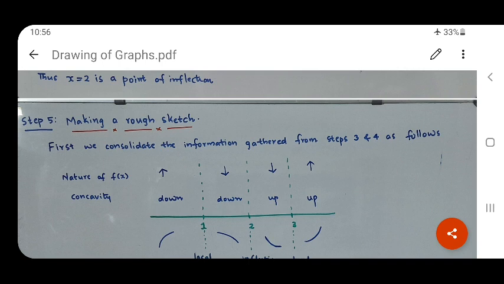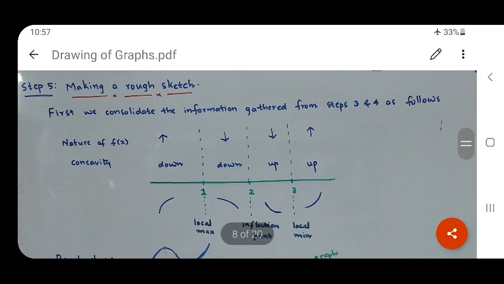So it is split into 4 subintervals, and we mention the nature of f of x, like increasing, decreasing, and concavity in these intervals. So in minus infinity to 1 it is increasing and concave down, 1 to 2 it is decreasing and concave down, 2 to 3 it is decreasing and concave up, 3 to infinity it is increasing and concave up. So the possible pieces of the curve are given there.